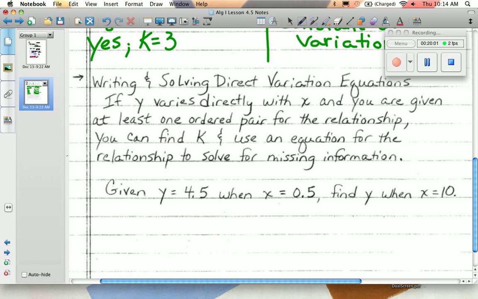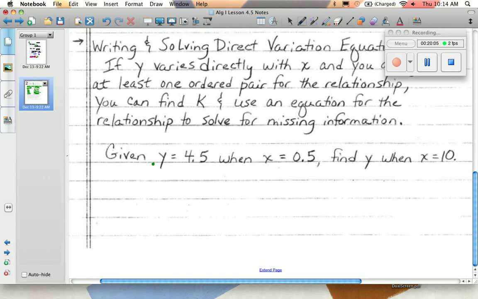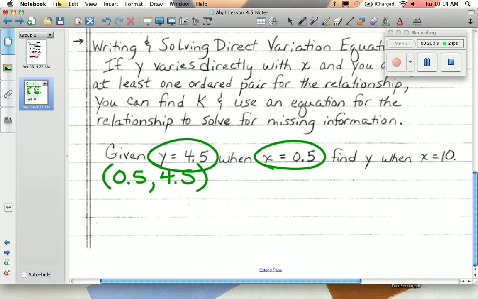Yeah. So here we are, we're given that y is 4.5 when x is 0.5. It's kind of like saying we have ordered pair 0.5, 4.5. They're giving us an ordered pair from a direct variation relationship. They're saying it is a direct variation relationship. They want you to find y when x equals 10.